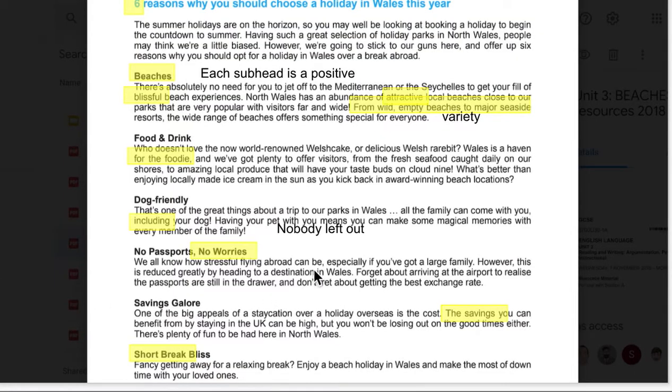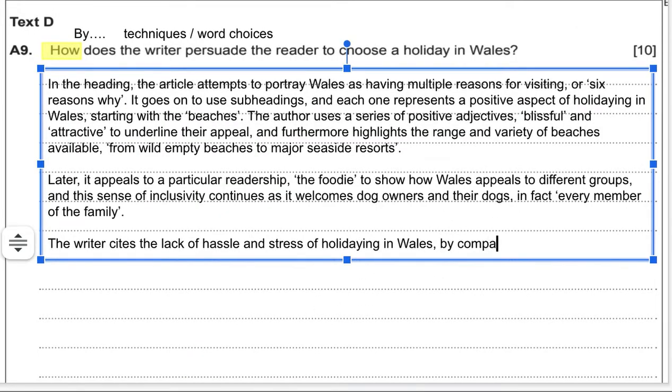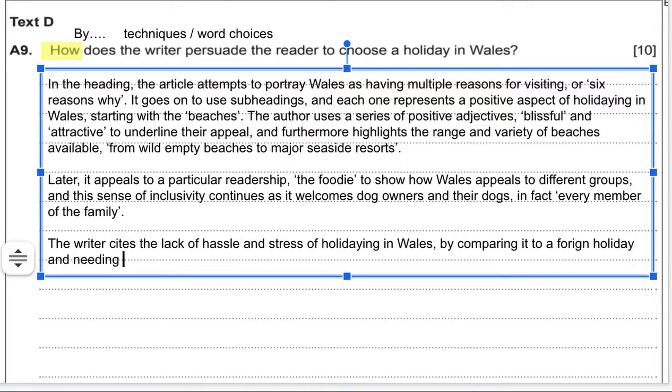So actually the technique is kind of comparing it to foreign holiday. Forget about arriving at the airport. By comparing it to a foreign holiday and needing to, furthermore, okay, I'm just going to move straight into this next point.